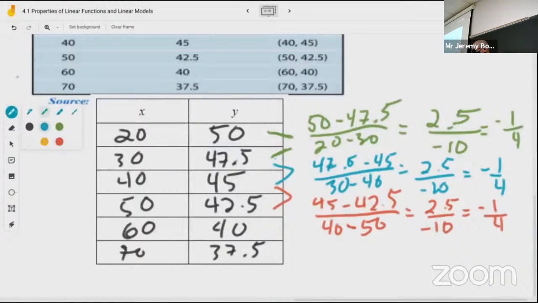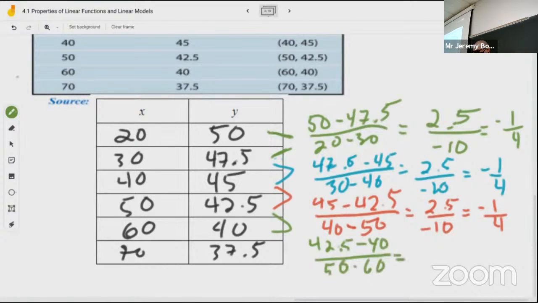And then now we're going to do these two. So that's going to be 42.5 minus 40 over 50 minus 60. And once again, we're going to get 2.5 over negative 10, which is negative 1/4. And then the last two, I don't have any room, so we're going to fit it in there.